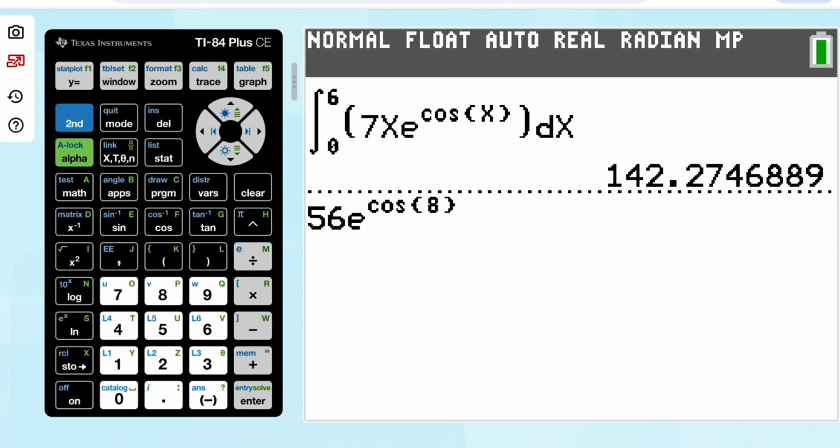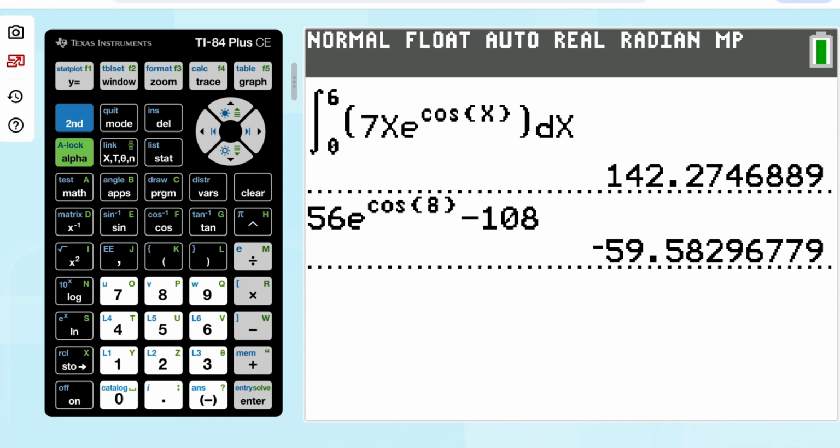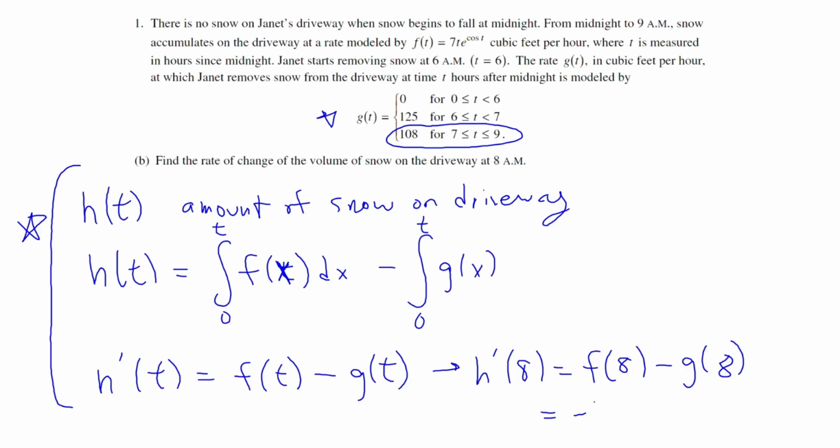Then we subtract g of 8, which was 108, and we end up with negative 59.583 when we round. The units are feet cubed per hour. And they just gave you 1 point for that part.